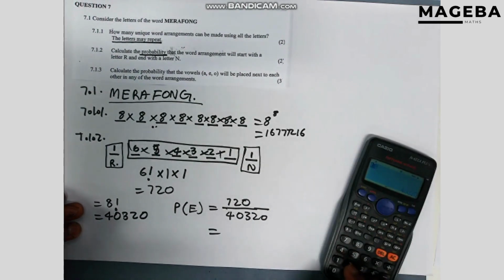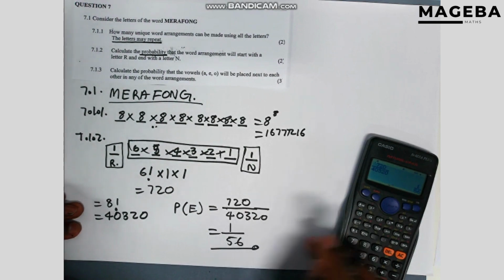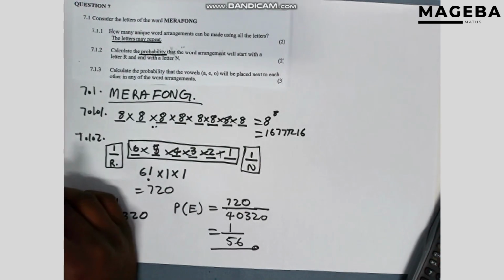So 720 divided by 40320 gives us 1 over 56. So this is the probability that they want here in 7.1.2.